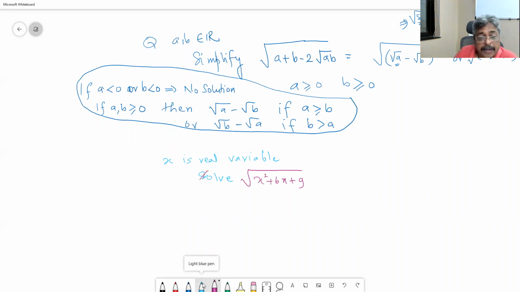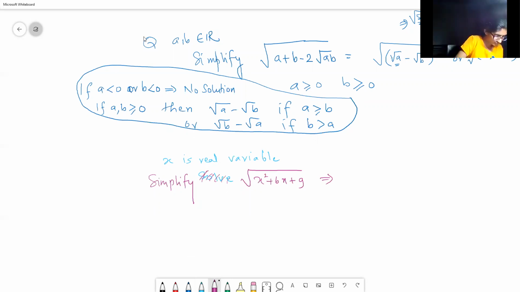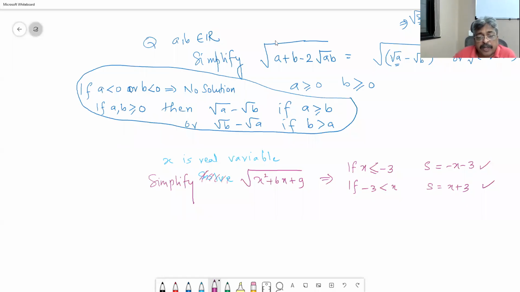Or maybe simplify. Simplify radical x square plus 6x plus 9. This is a perfect square, therefore you will write it like this: x plus 3 bracket square.